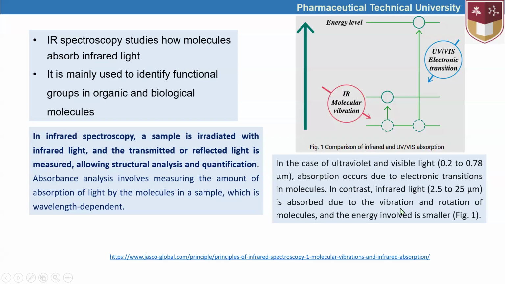In contrast, infrared light, which ranges from 2.5 to 25 micrometer, or from 2,500 to 25,000 nanometers, is absorbed due to the vibration and rotation of molecules, and the energy involved in this case is smaller.